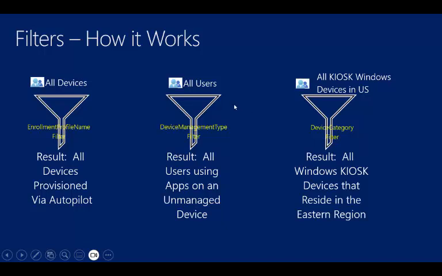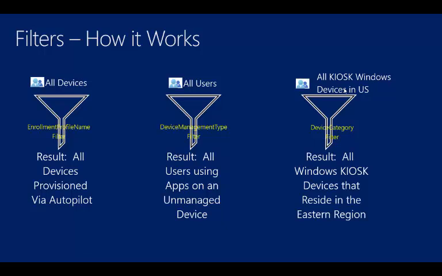And then here's another, not using the all devices or all users. Let's say that we have a group in Intune called all kiosk Windows devices in US, right? Well, we might want to use a device category filter, whatever that category is. Maybe it's in the Eastern region, right? Whatever.